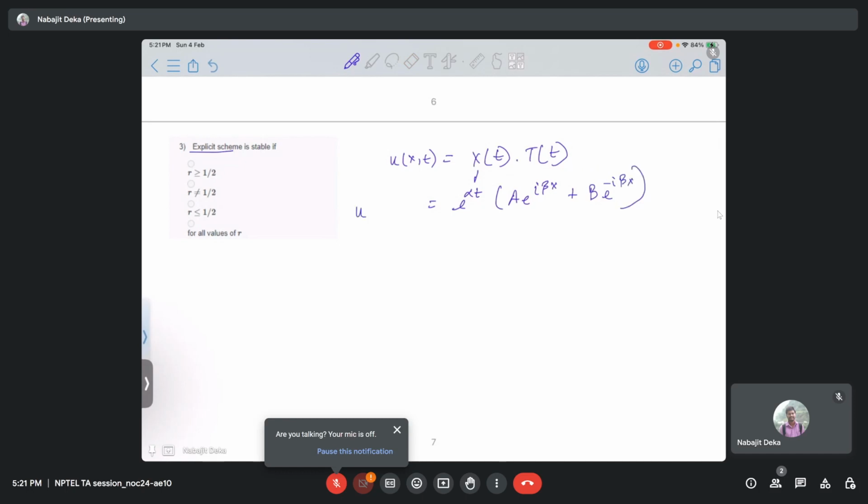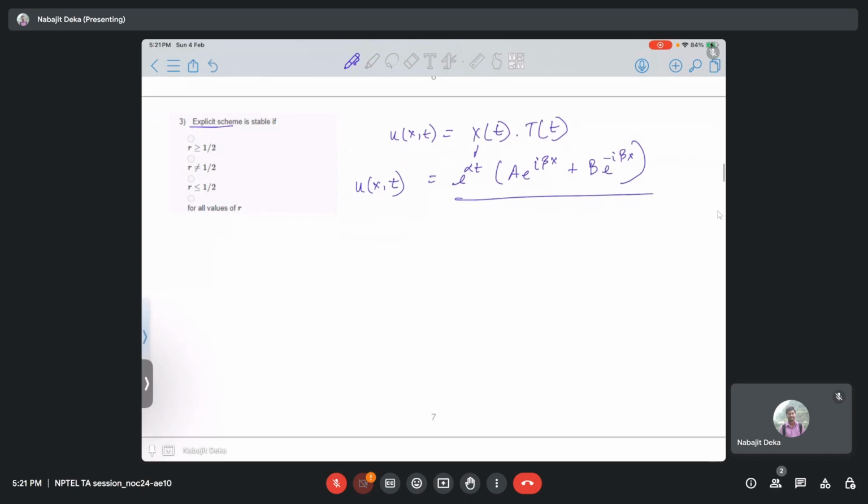So we can consider our dependent variable as a function of this form.